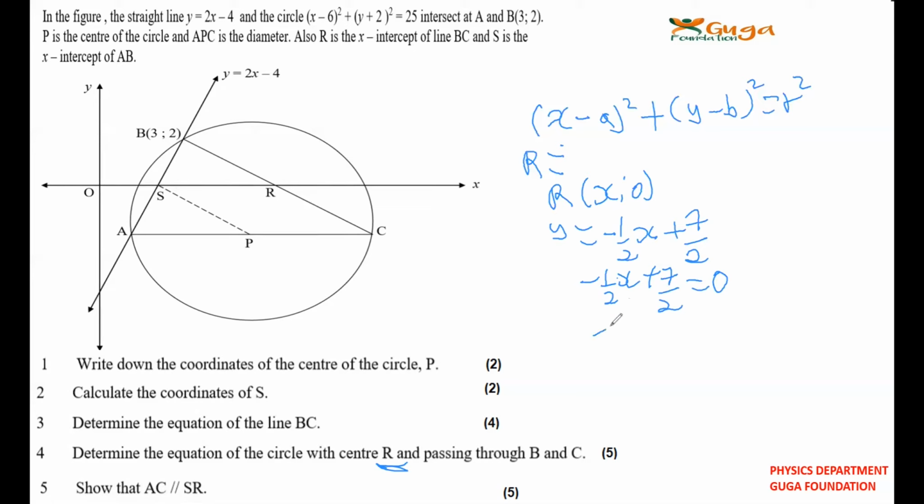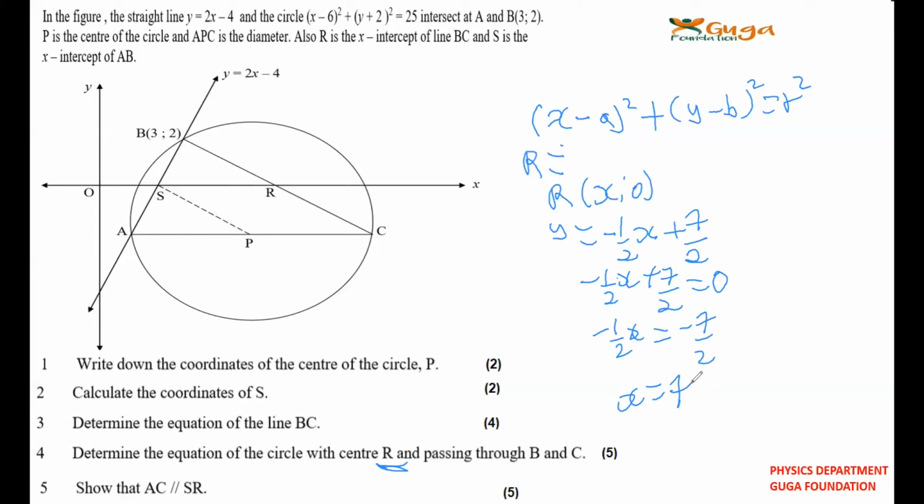So you have -1/2 x = -7/2. Multiply both sides by 2, and then you have x = 7.